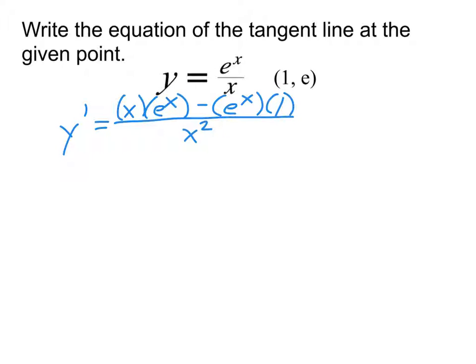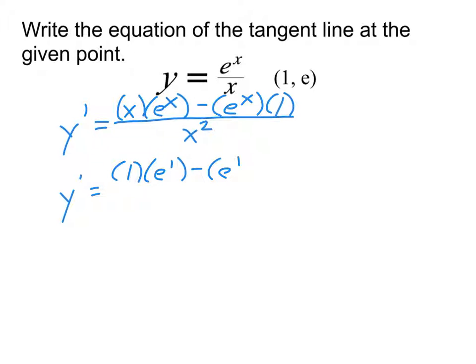All right, so when you plug this into the quotient rule, this is what you're looking at. Now, of course, right now this just looks like a big, scary, ugly thing. But let's actually plug in our x value that we're working with here. An x value of 1 is going to make things a lot simpler to work with here. So the derivative at 1 is going to be 1 times e to the 1, and so on.